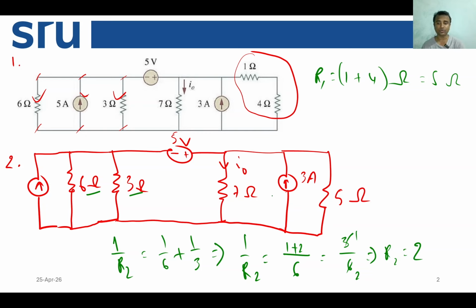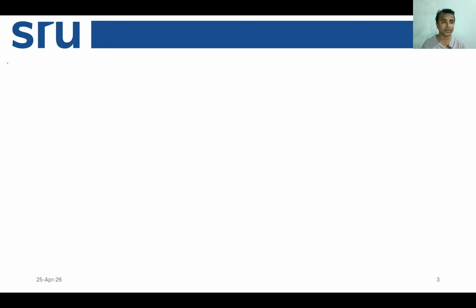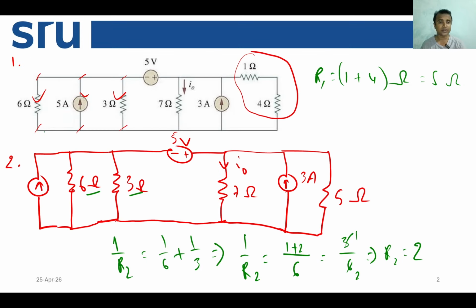So the third circuit we can write as follows. You have a current source and then a resistance. What is the current source?